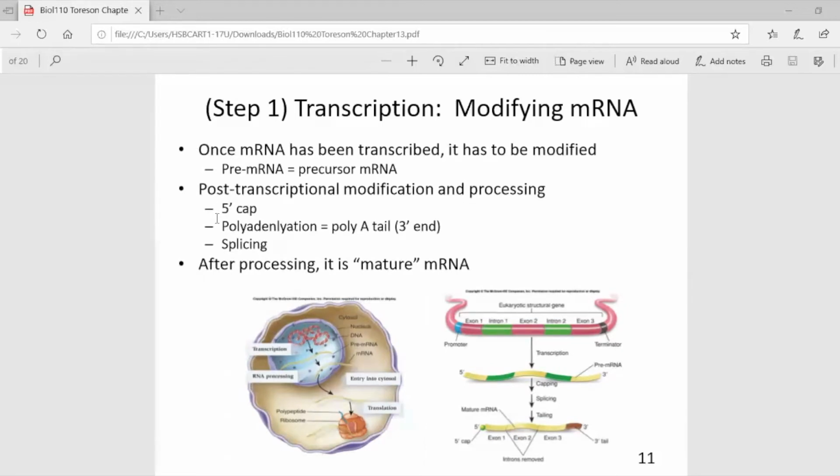Only once all 3 of these modifications have occurred is the RNA considered mature and able to exit the nucleus. And remember, the RNA must leave the nucleus for translation to occur, because the ribosomes, which are going to be doing the translation, are out here in the cytosol.